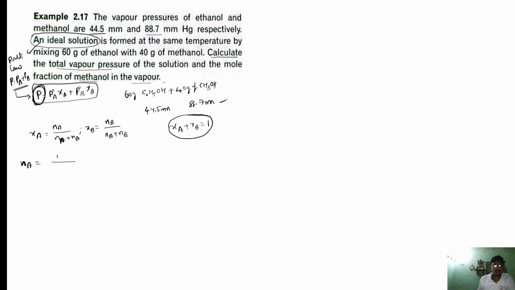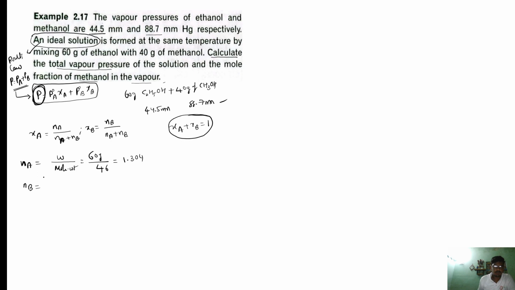So what is the formula? Weight by molecular weight. The weight they have given is 60 grams. A is ethanol. What is the molecular weight? The molecular weight is 46. If you calculate this, the number of moles will come 1.304.